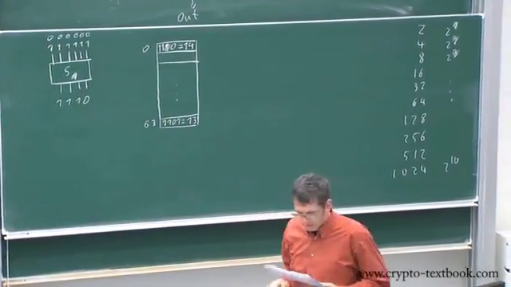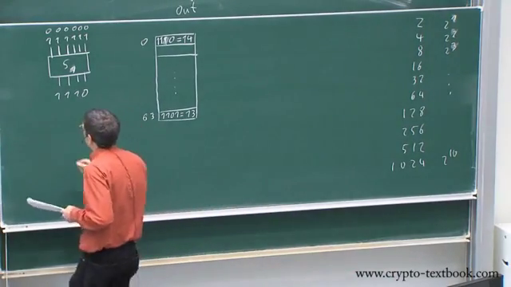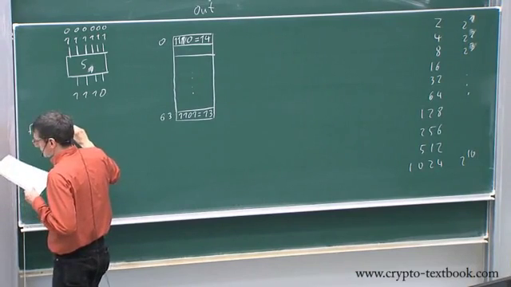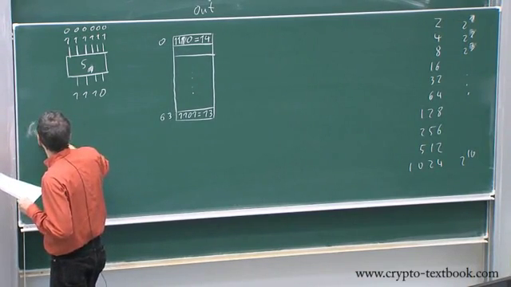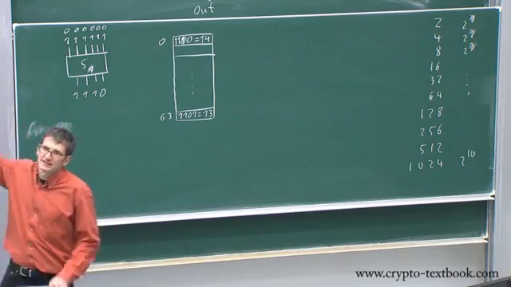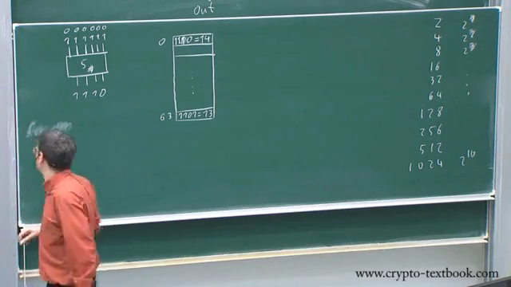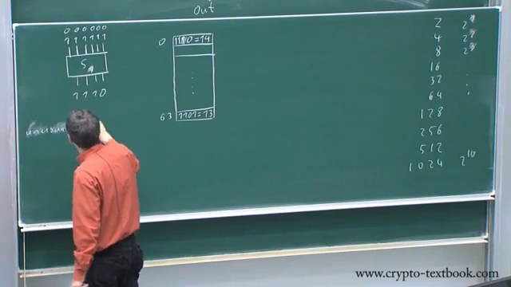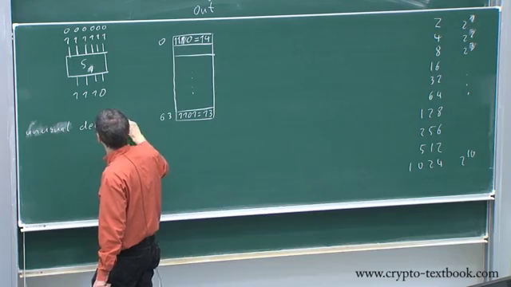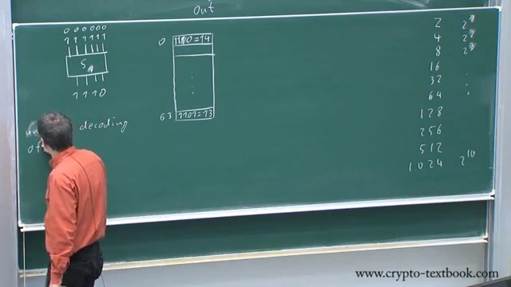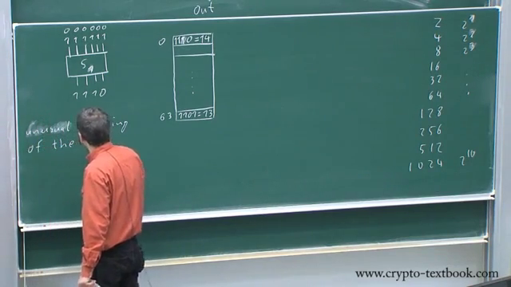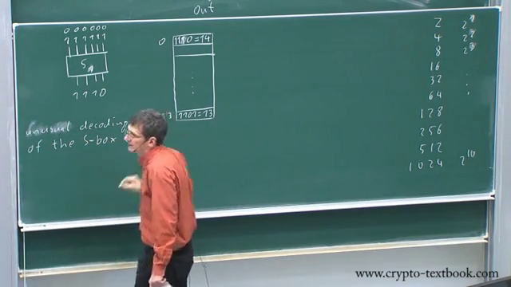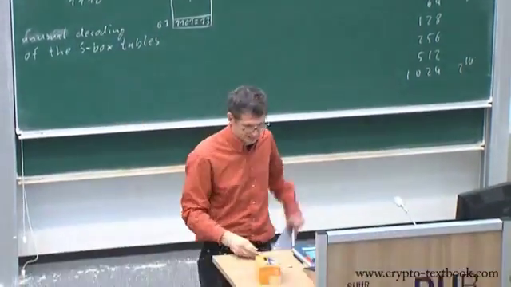Now, first of all, the way of reading the table is kind of weird. It's very unusual. So there's an unusual decoding of the S-box tables.